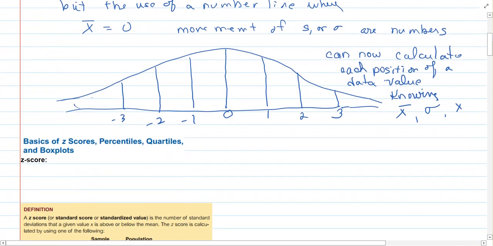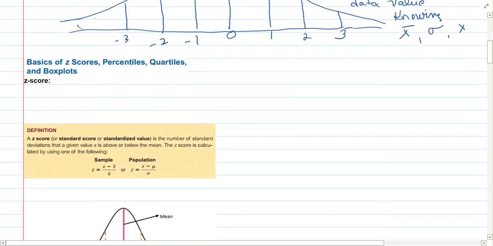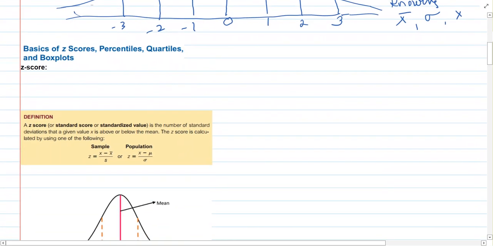So we'll be doing that. That is the basics of z-scores, percentiles, quartiles, and box plots. That's what we're looking for. But we're going to start with a z-score.